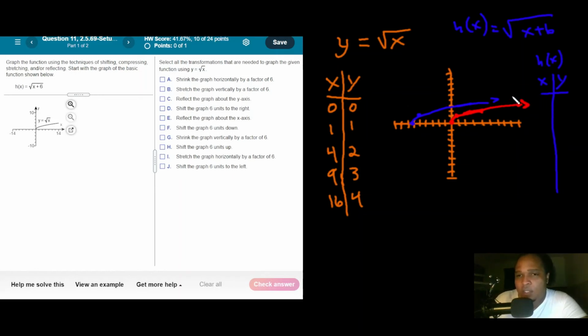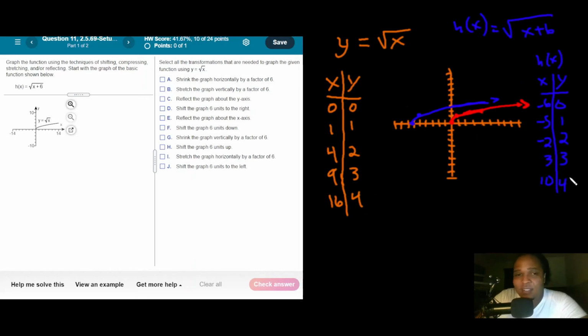But you're going to do 0 minus 6, which is negative 6. You do 1 minus 6, which is negative 5. 4 minus 6, which is negative 2. 9 minus 6, which is 3. 16 minus 6, which is 10. So all those points would be along this blue line here. And the y's are going to stay the same because there's nothing outside the function, the secondary function.